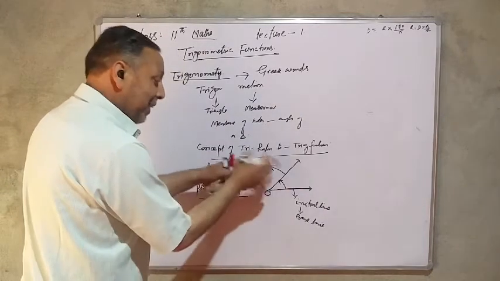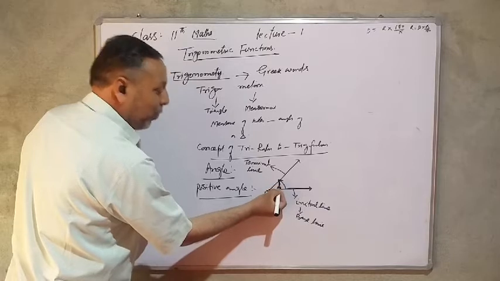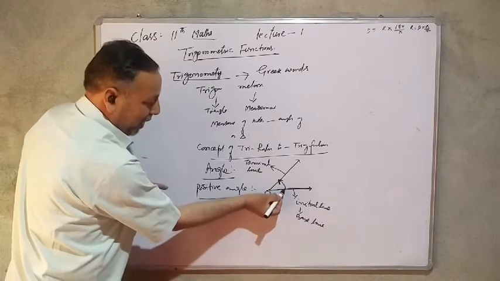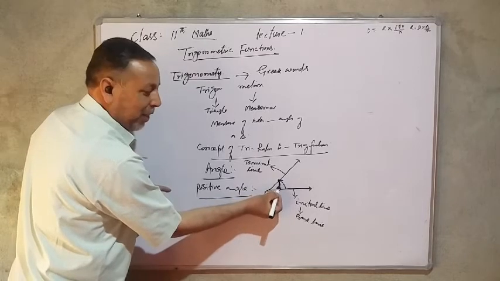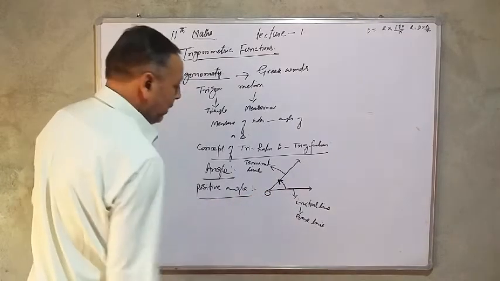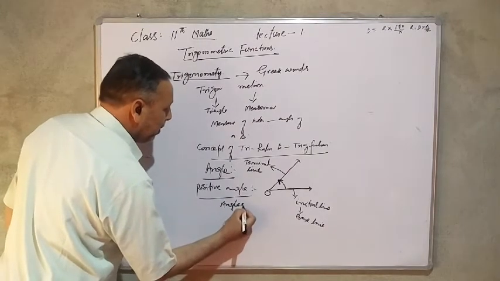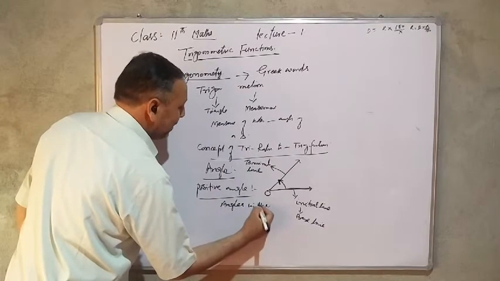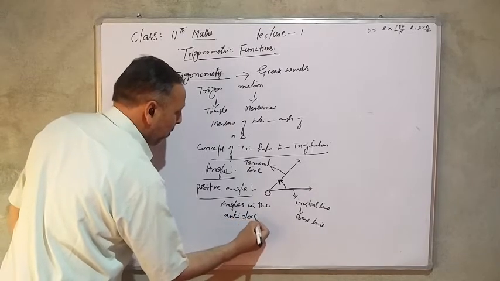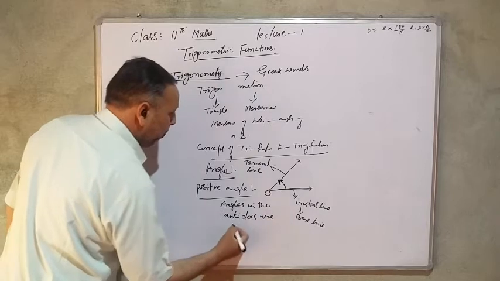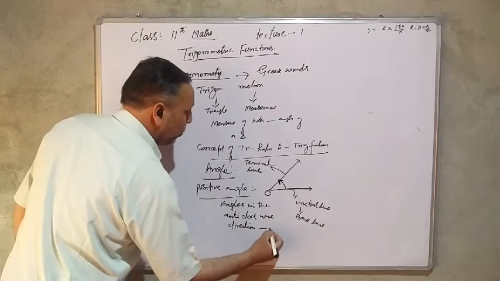A positive angle is that angle which is in the anti-clockwise direction. Now see the direction, baseline to terminal line, it is anti-clockwise. It is a positive angle. Angles in the anti-clockwise direction are positive angles.